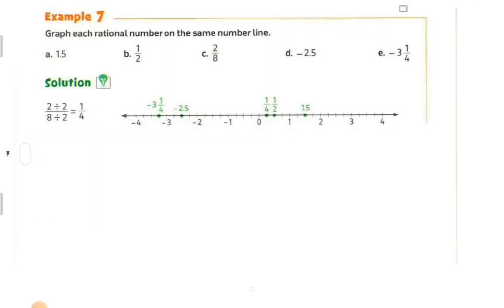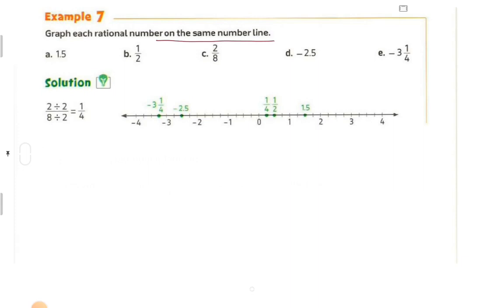Example number 7. Graph each rational number on the same number line. He wants us to represent all these rational numbers on the same number line. Let's see how we solve this problem.